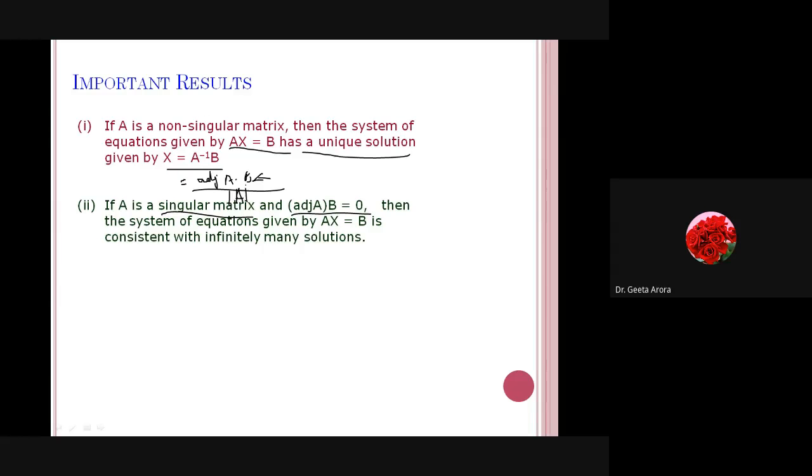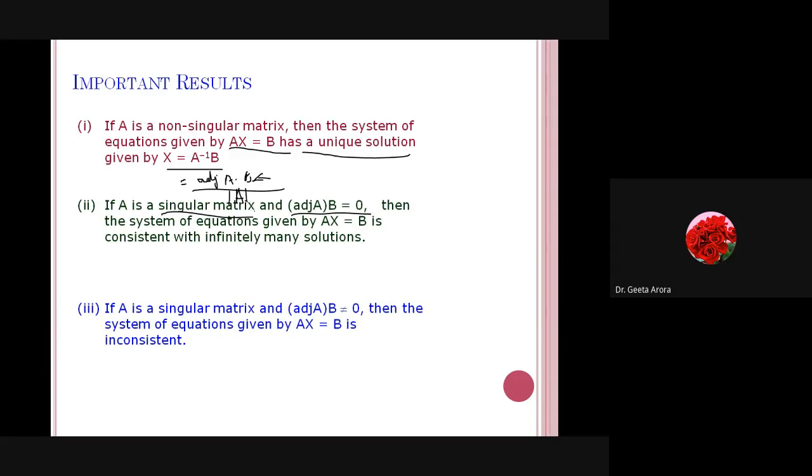Then the system of equations is consistent with infinitely many solutions. If adjoint of A into B is 0 and the determinant of A is also 0, then we say there are infinitely many solutions. Infinitely many solutions means whatever the solutions are, they are infinite in number. A lot of pairs satisfy the given equation.